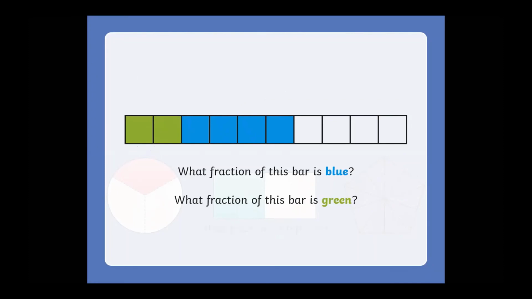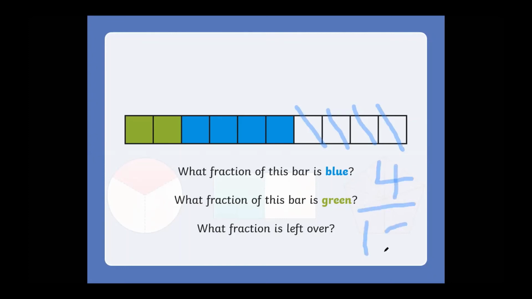Now, what fraction is left over? So let's see, left uncoloured we have 1, 2, 3, 4. So we have 4 tenths which is left over.